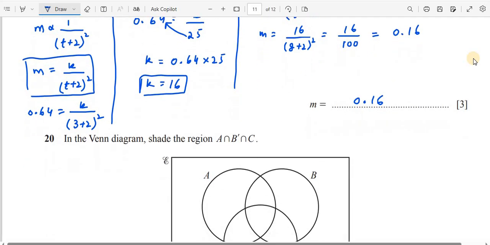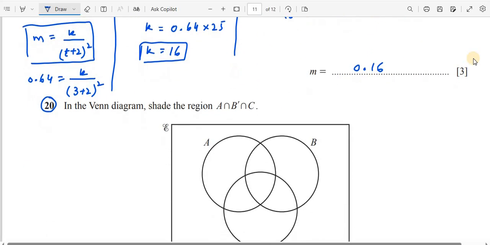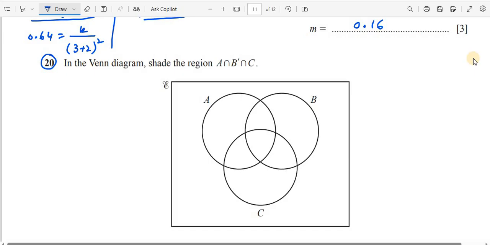Question number 20. In the Venn diagram, shade the region A intersection B complement and B complement intersection with C. So this is the area of intersection of all the sets.